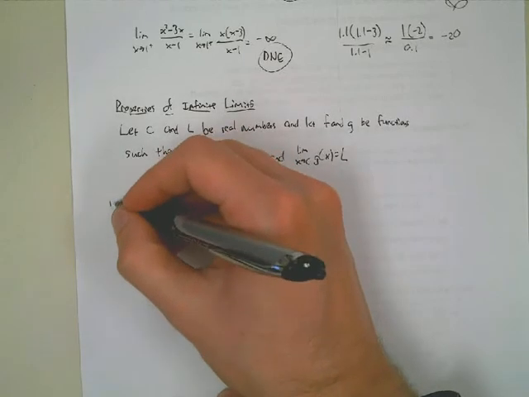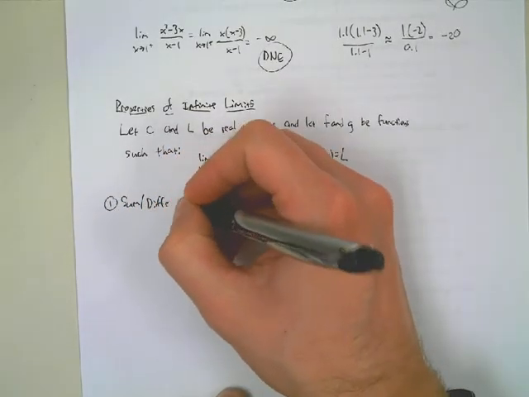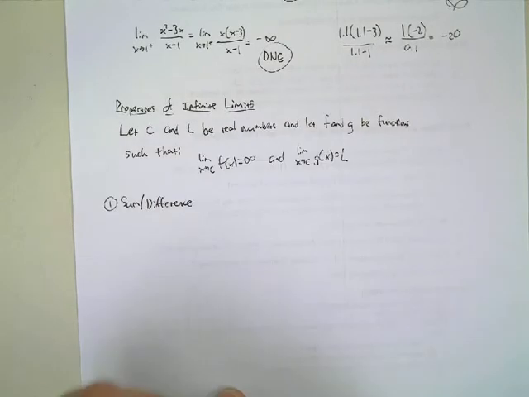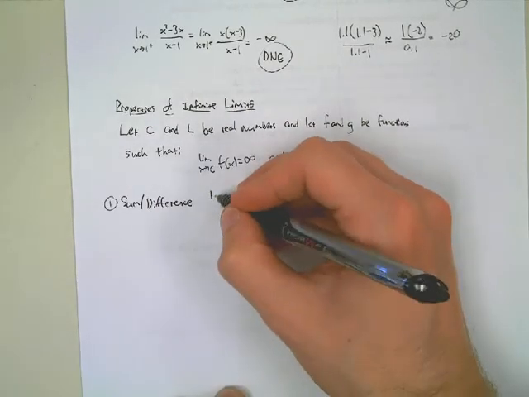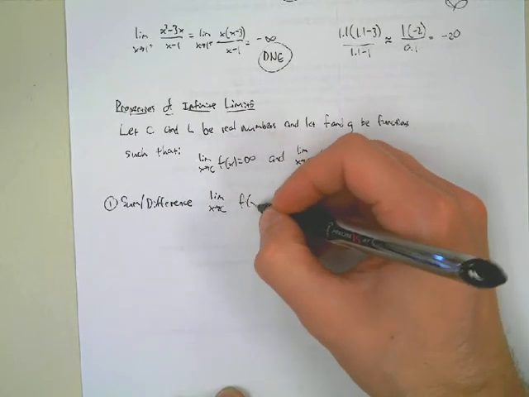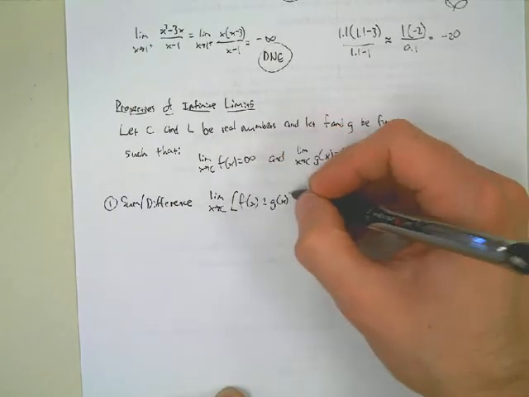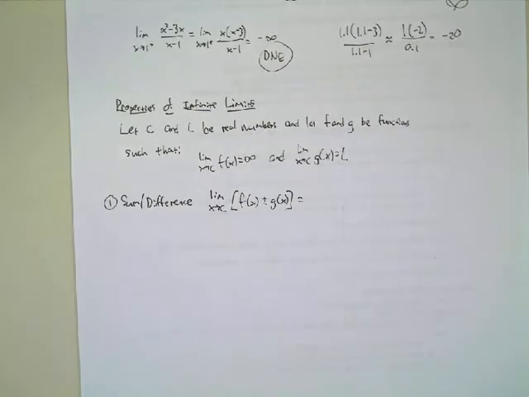So the first thing we're going to look at then is a sum or difference property. So the sum or difference means the limit as x approaches C of f of x plus or minus g of x. What do we want to say that limit will be?